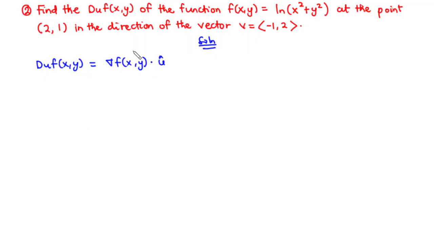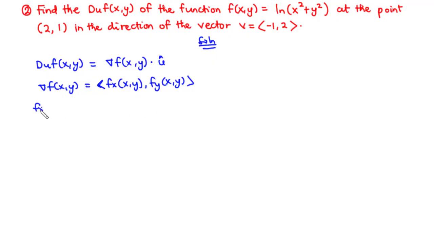So first, let's try to find the gradient of the function. The gradient of the function is given by the vector which has components fx of x, y, comma, fy of x, y. So we are going to find fx and then fy, which happen to be the partial derivatives of the function with respect to x and then y.